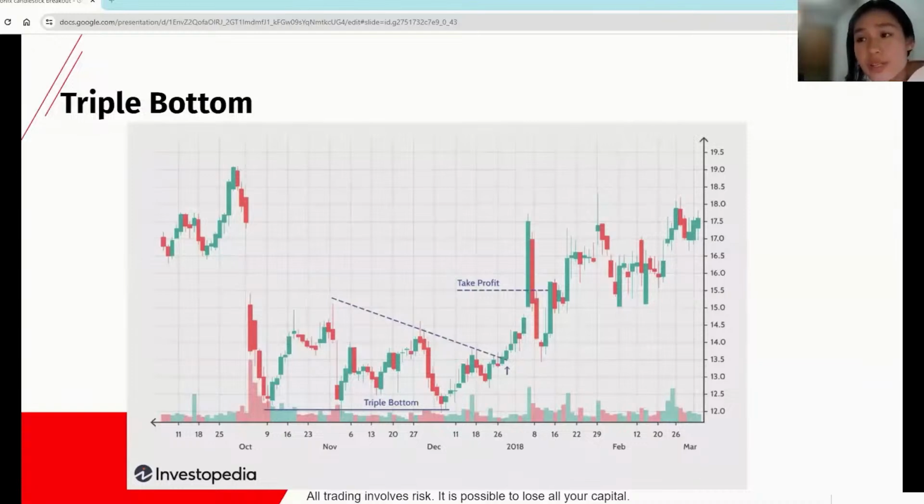Of course, this also depends on where your entry points are, where you get in once this formation has been formed. But normally your risk would be somewhere after this triple bottom, and your take profit, as long as it's beyond this neckline, you should be fine.